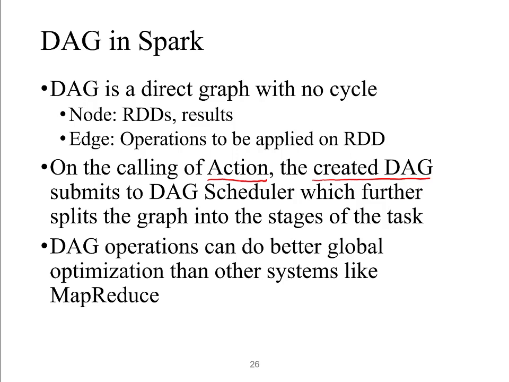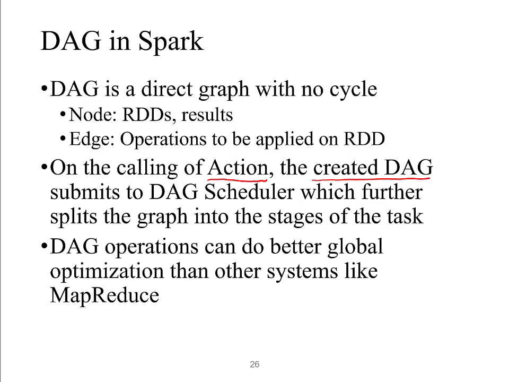So basically, the DAG is created on the calling of action, which means during all the transformation operations, there is no DAG created. We can better understand this in the context of Java, because Spark is originally written in Java.